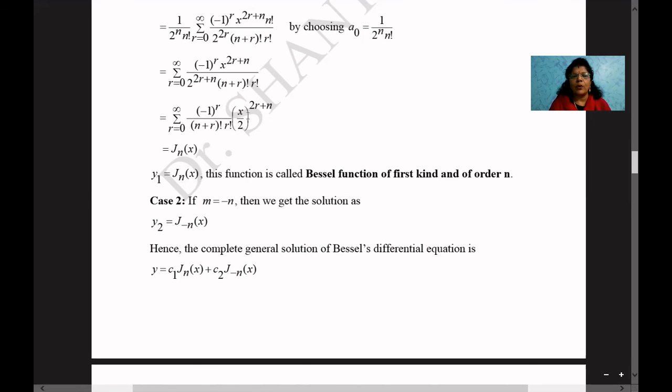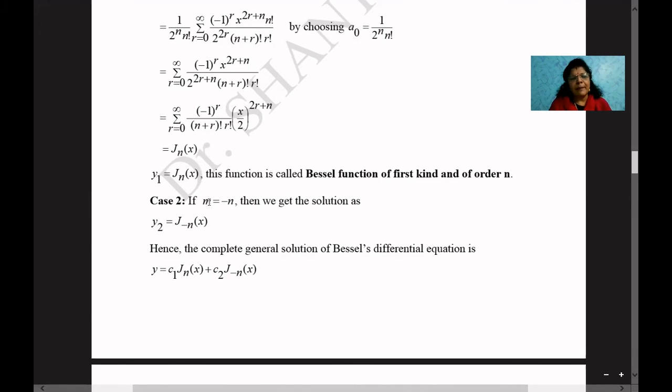X by 2 the whole power 2r plus n, which is called the Bessel function of first kind and of order n, which can be denoted as Jn of x. Here Jn of x is the function which is called the Bessel function of the first kind and of order n. This is Bessel function Jn of x. This expression is denoted by Jn of x, which is the Bessel function. This is the first solution, that is y1.